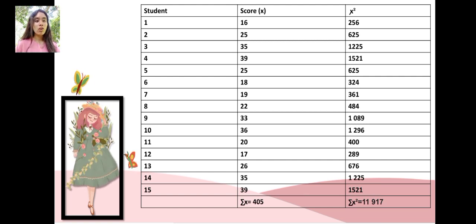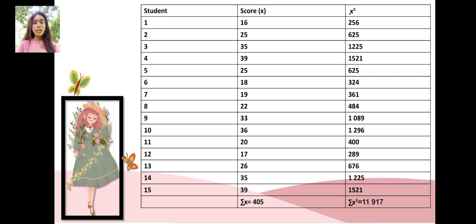The next column is the summation of the squared scores. How do we compute it? We simply multiply each student's score by itself. Student 1 got 16, so 16 times 16 is 256. Student 2 got 25, so 25 times 25 is 625, and so on.